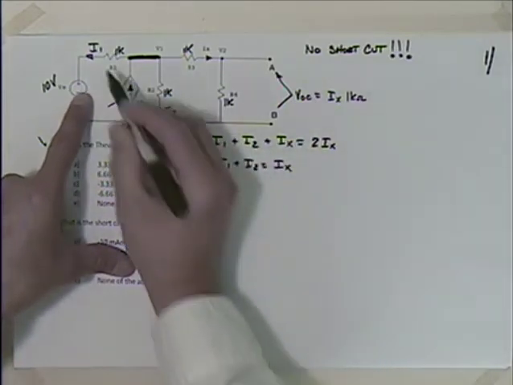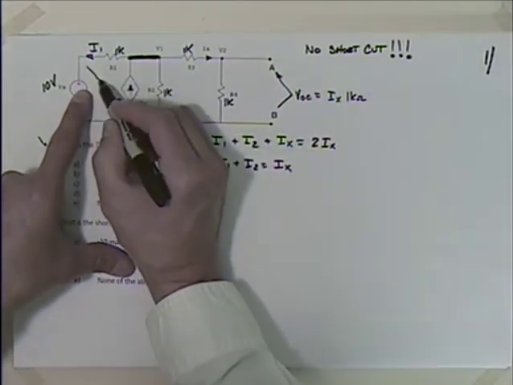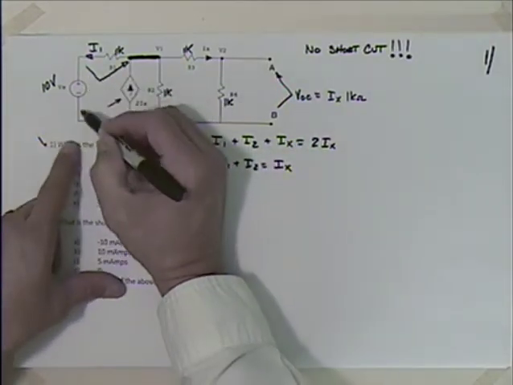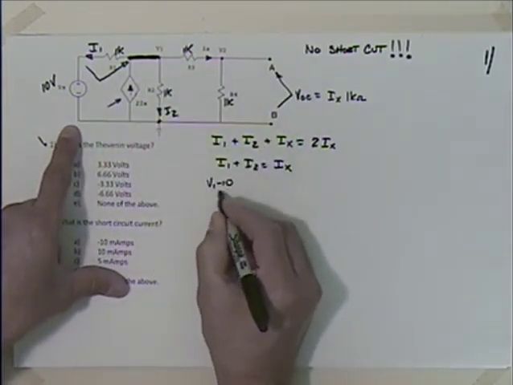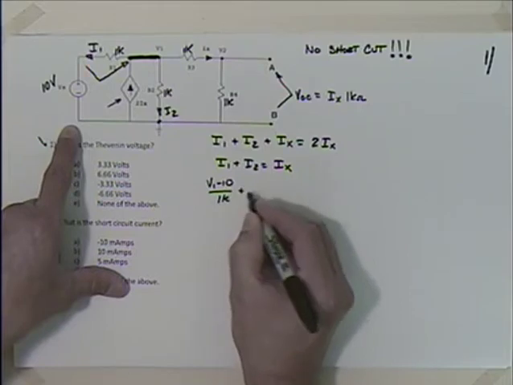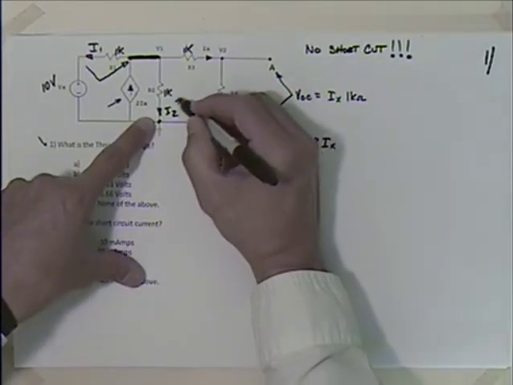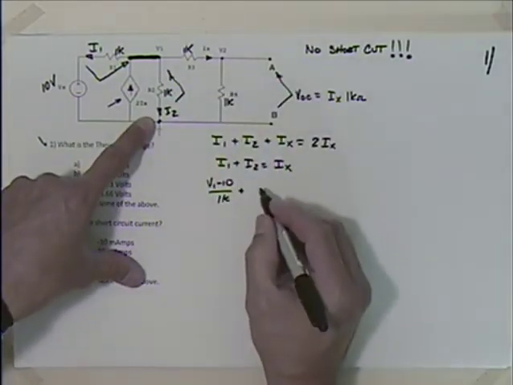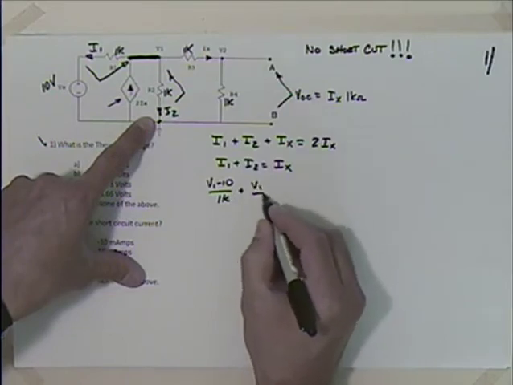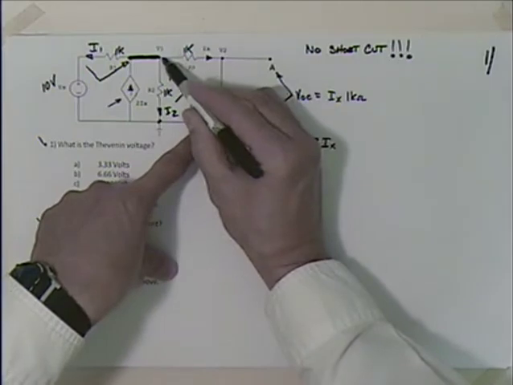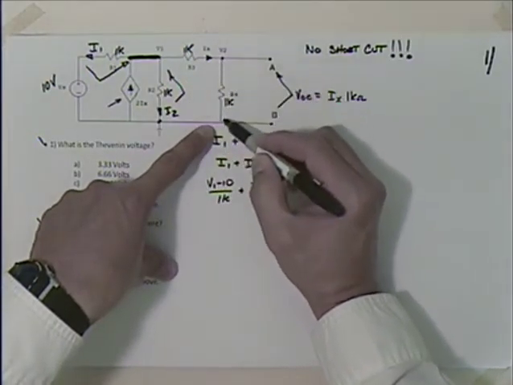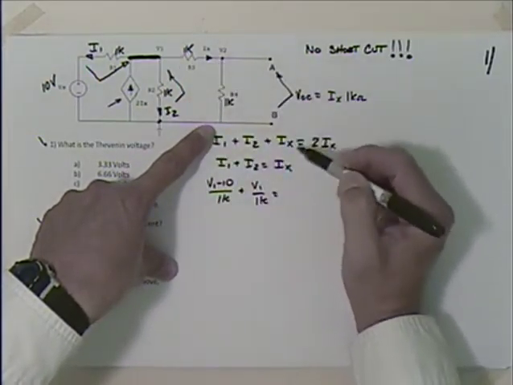Make my substitution. I need to find the voltage that way, which is going to be minus 10 plus V1 divided by 1K equals I2. That's easy. I just have to go that way, which is going to be V1 over 1K is equal to IX. Now IX is going to come down and go through both of these, because this is open over here.